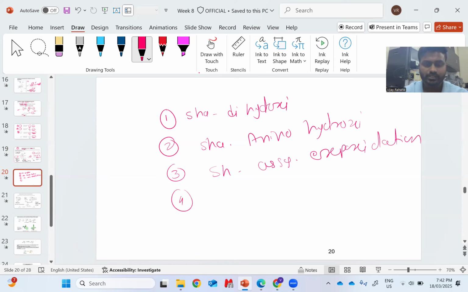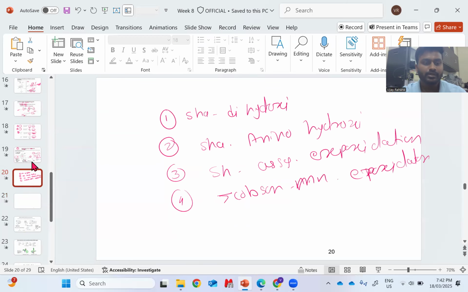And the fourth we have seen is the Jacobsen manganese based epoxidation. So as of now, we have seen these four types of oxidations of the olefin. This was the oxidation around the olefin.